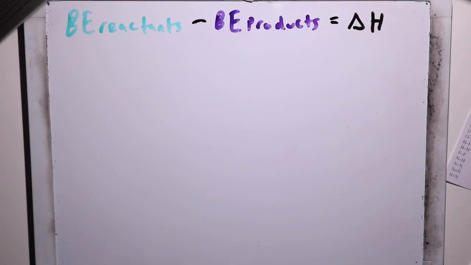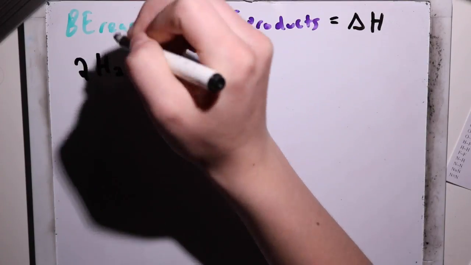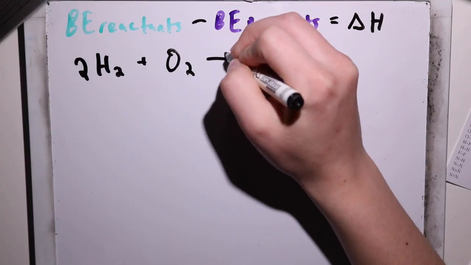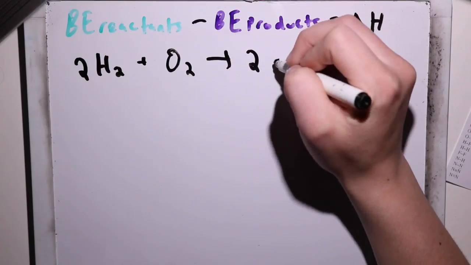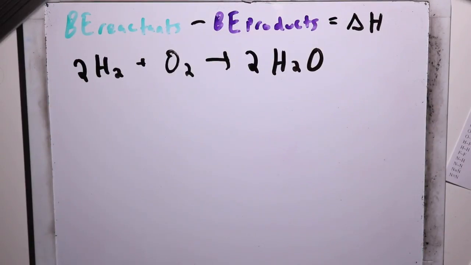This question is asking to calculate the enthalpy change for the following reaction. The reaction is 2H2 plus O2 gives 2H2O. So the first thing we're going to do is find the Lewis dot structures of each of these.